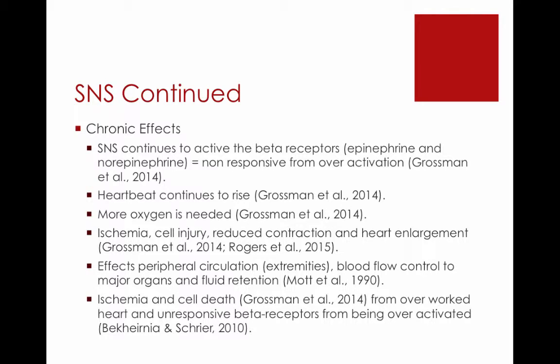So the sympathetic nervous system activation can have long-term consequences. It will cause further heart failure because when the sympathetic nervous system continues to activate the beta receptors, so that's your epinephrine and norepinephrine receptors, they will over time become non-responsive from being overactivated.